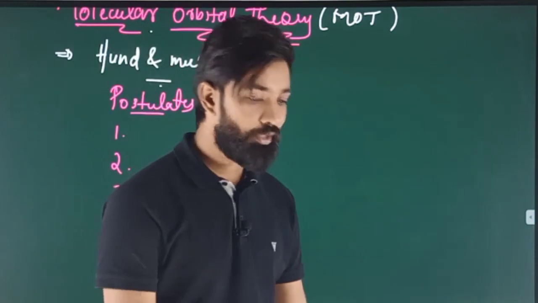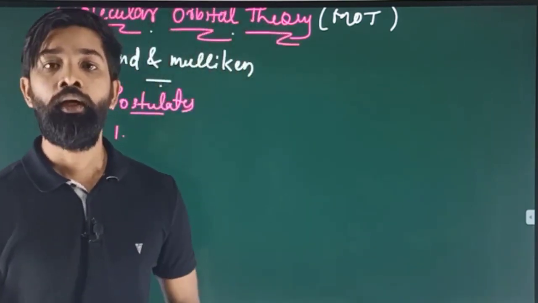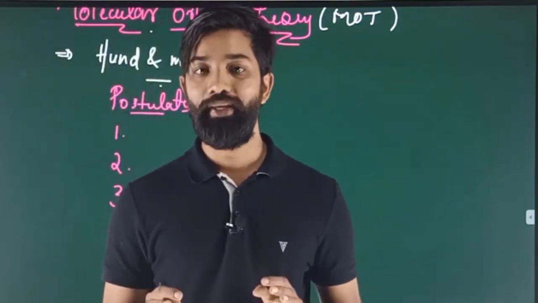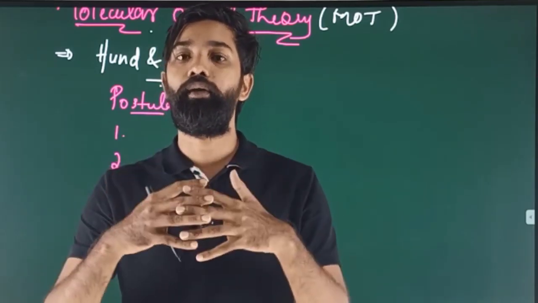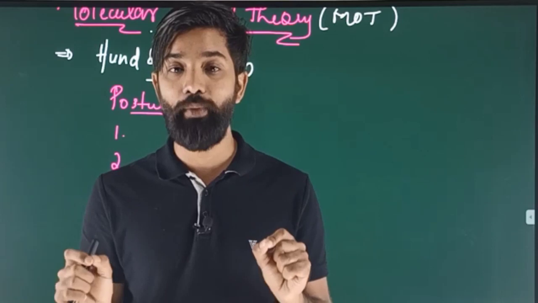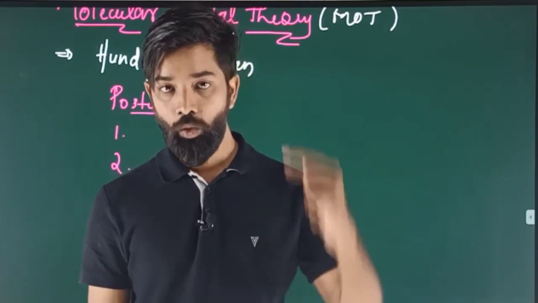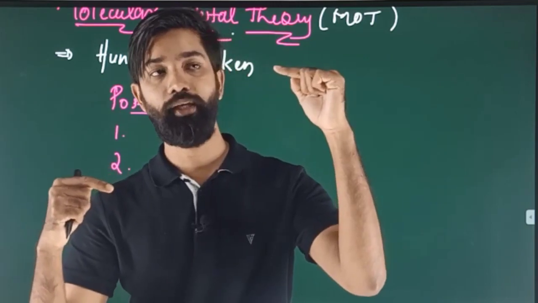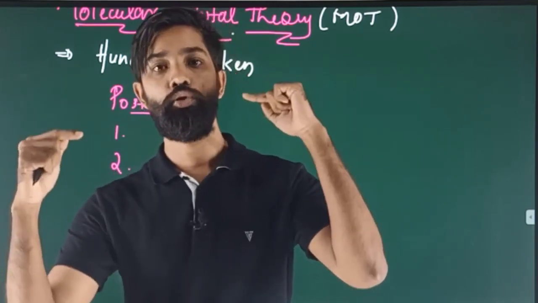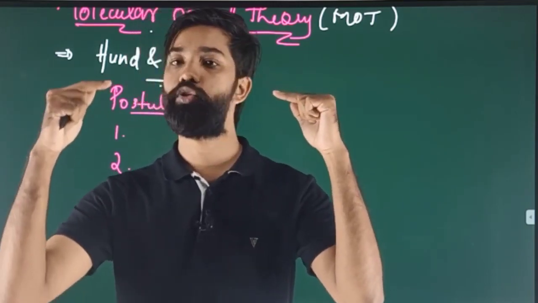Next point. Unlike hybridization, here the orbitals to be combined should have the same energy and same shape. A 1s orbital of one atom can combine with the 1s orbital of another; a 2s orbital of one atom can combine with the 2s orbital of another.